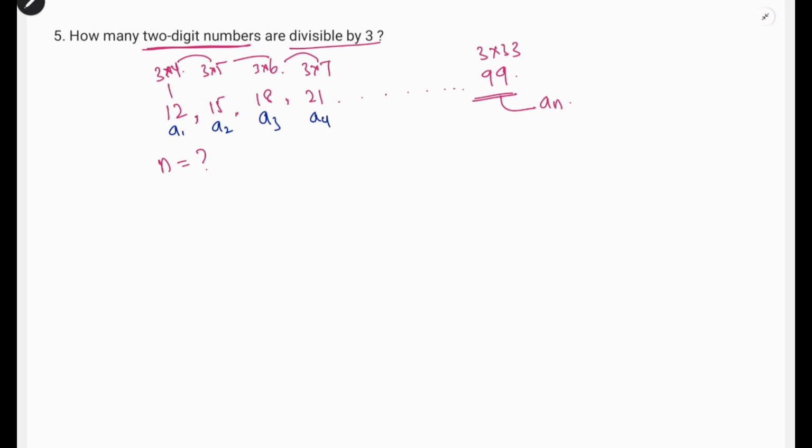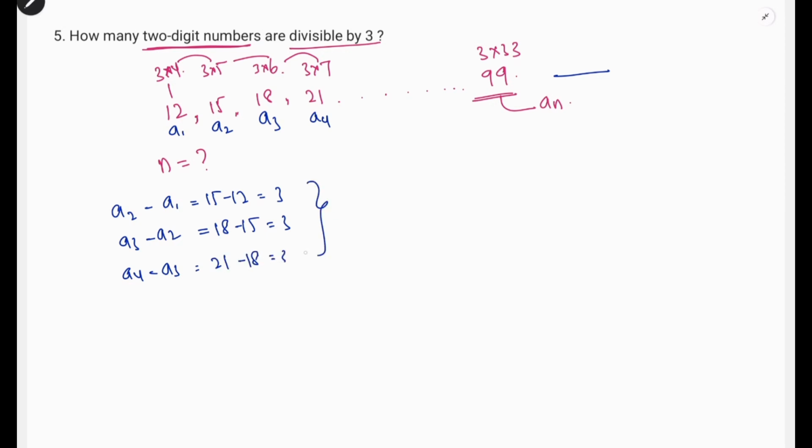Now we will see if these numbers form an AP or not. What is the difference between A2 and A1? It is 15 minus 12, which is 3. A3 minus A2 is 18 minus 15, which is 3. A4 minus A3 is 21 minus 18, which is 3.